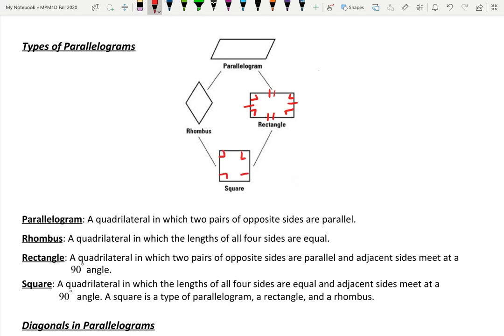Okay, so all 90-degree angles, all sides are equal. A square is also a type of parallelogram, a rectangle, and a rhombus because it actually meets the description of all 3. Okay, so not only is a square considered a quadrilateral, it's also considered a parallelogram, a rectangle, and a rhombus.